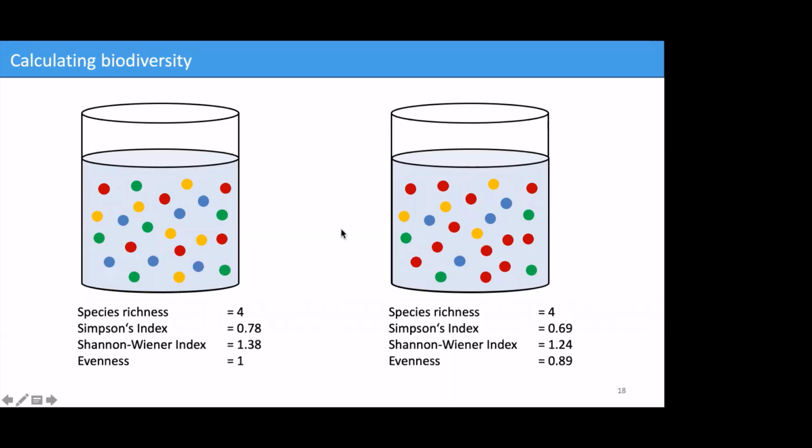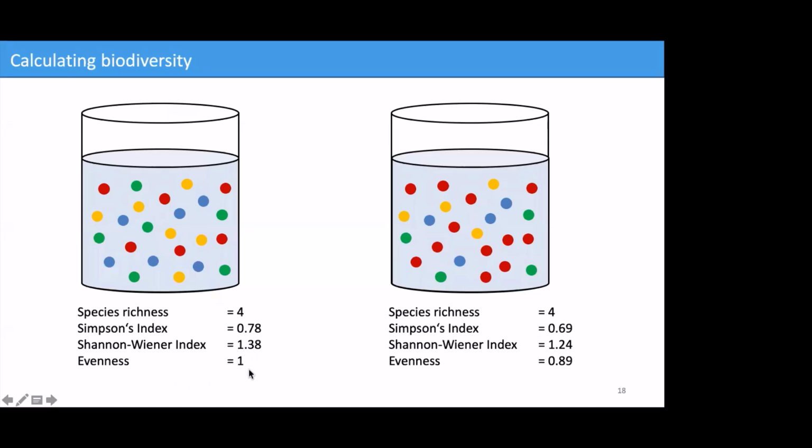Whereas if I am going to get a ball from this sample, I can probably say, well, I'm going to get a red ball because I know that there are more red balls here. So the uncertainty here is lower. Here the uncertainty is higher, here the uncertainty is lower.